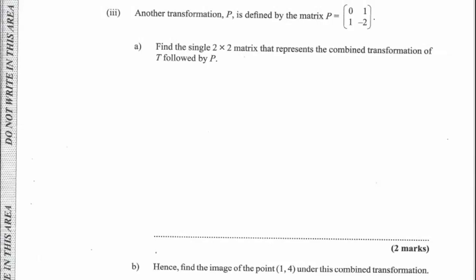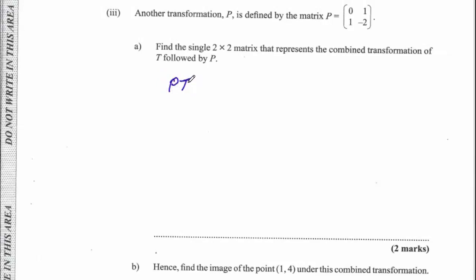Another transformation P is defined by the matrix 0, 1, 1 minus 2. Find the single 2 by 2 matrix that represents the combined transformation of T followed by P. T followed by P, we represent as PT.